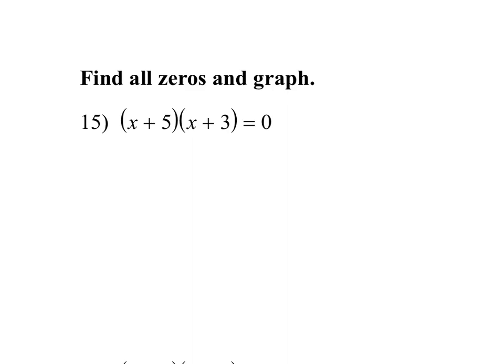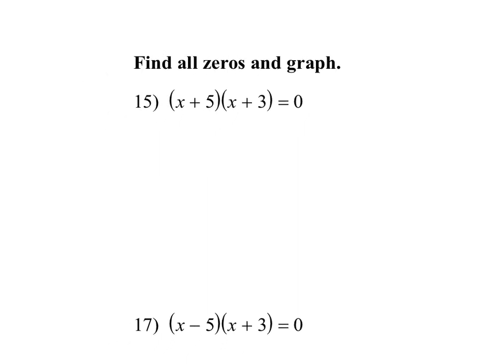So find all zeros and graph. So how do we find the zeros? You have to subtract it. So we set each part of this equation equal to 0. So we have x plus 5 is equal to 0, and x plus 3 is equal to 0.